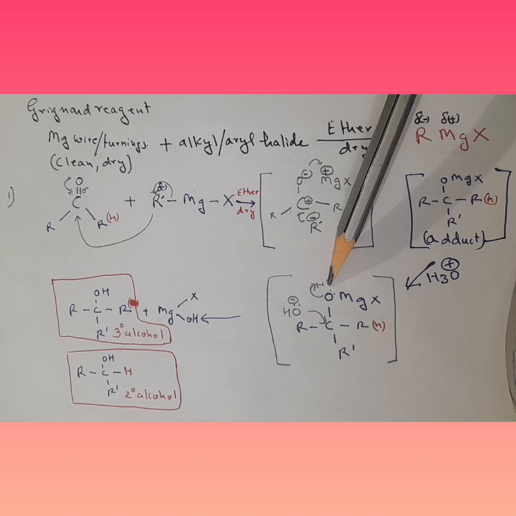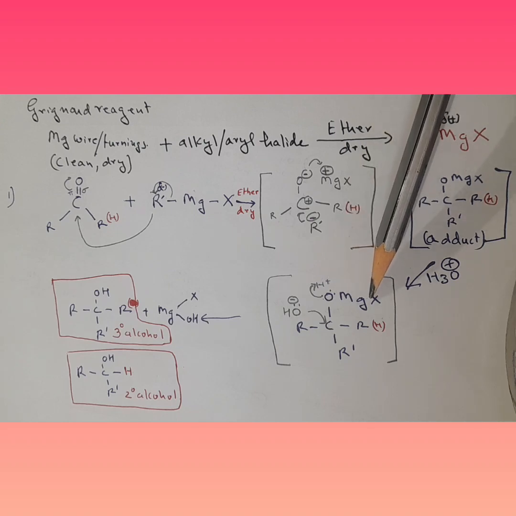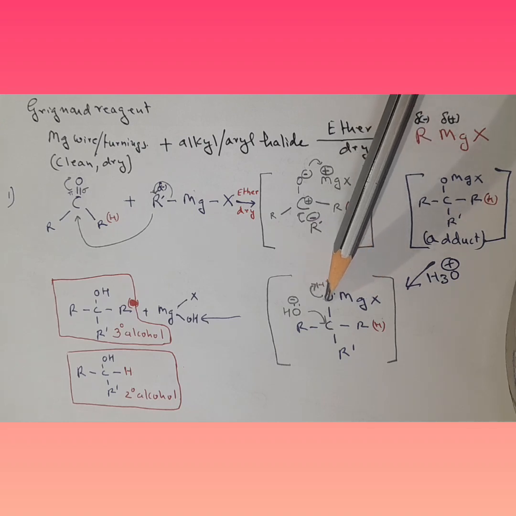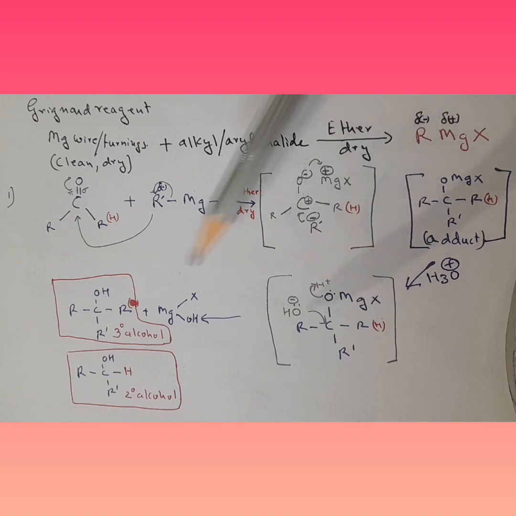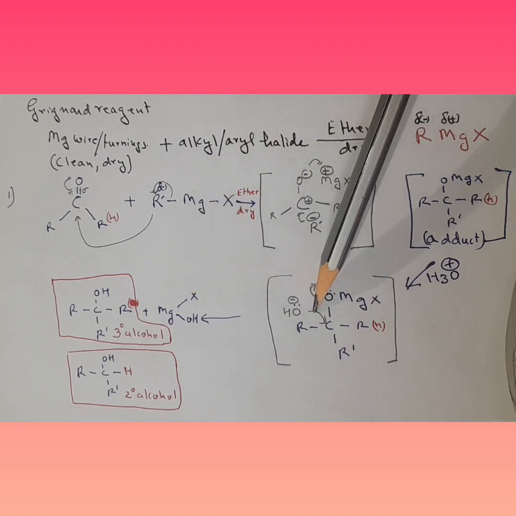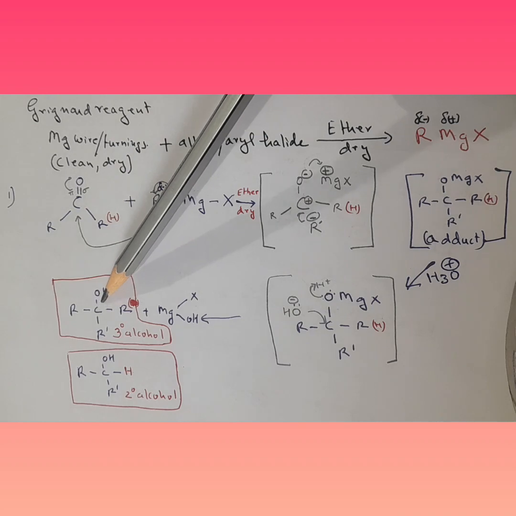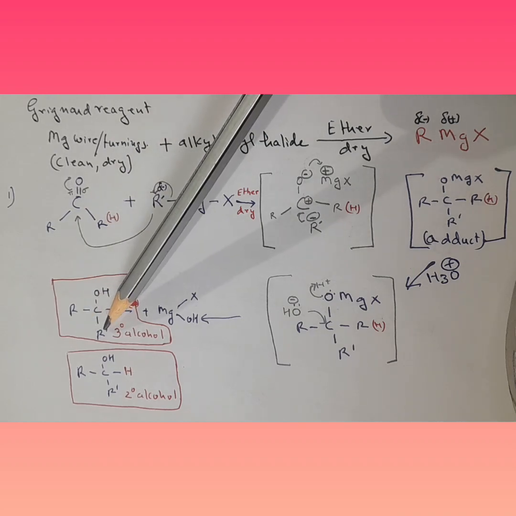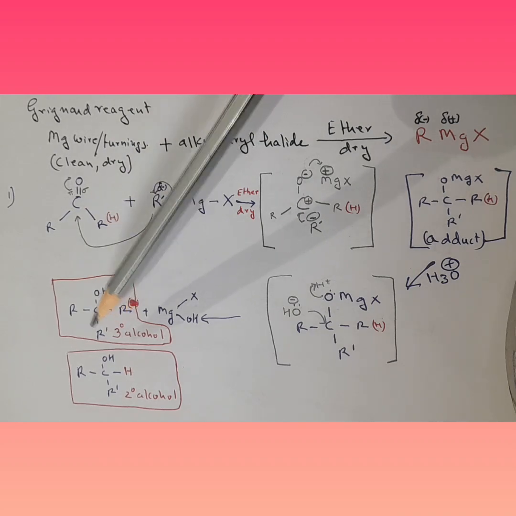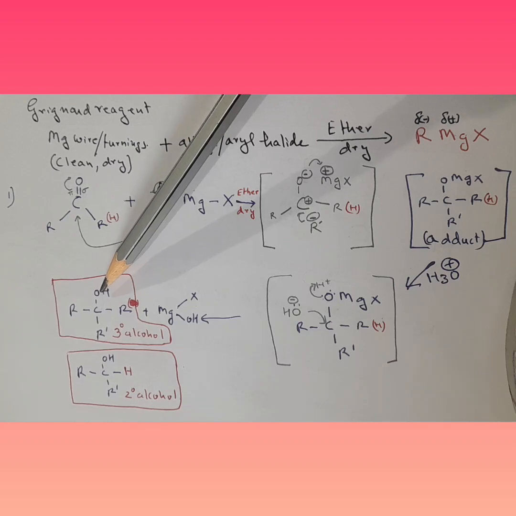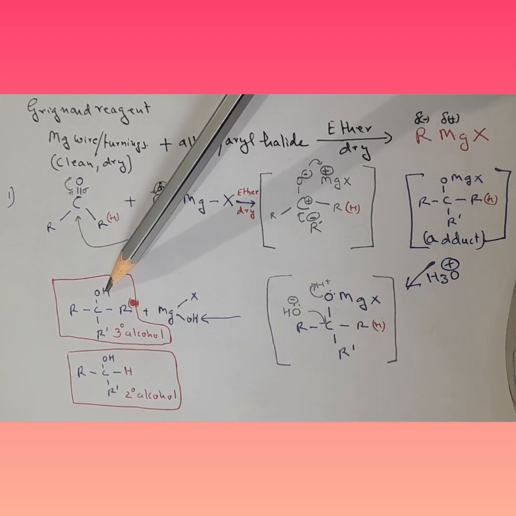As a result, this becomes MgXOH, and this OH comes over here. So R' got fitted earlier in the adduct, and OH got fitted right now from water in acidic medium via hydrolysis.